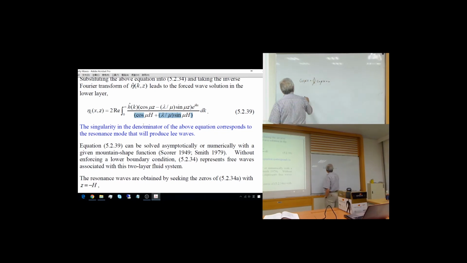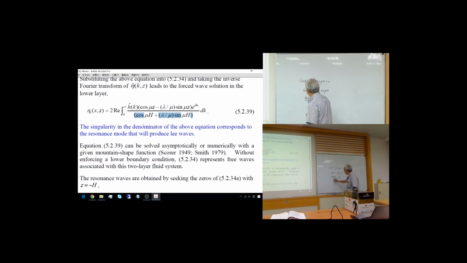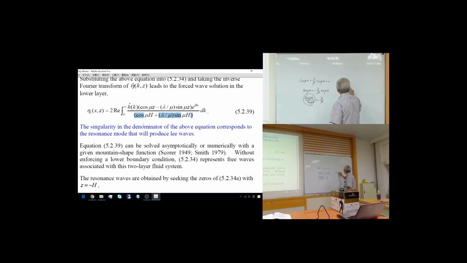So that means cosine mu h equals negative lambda over mu sine mu h, and then that means cosine mu h divided by sine mu h equals negative lambda over mu. And what's this? Cotangent mu h equals negative lambda over mu.